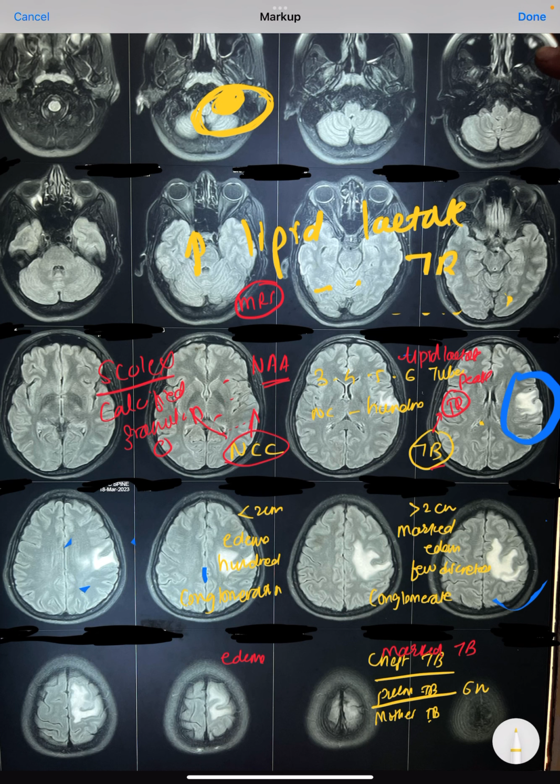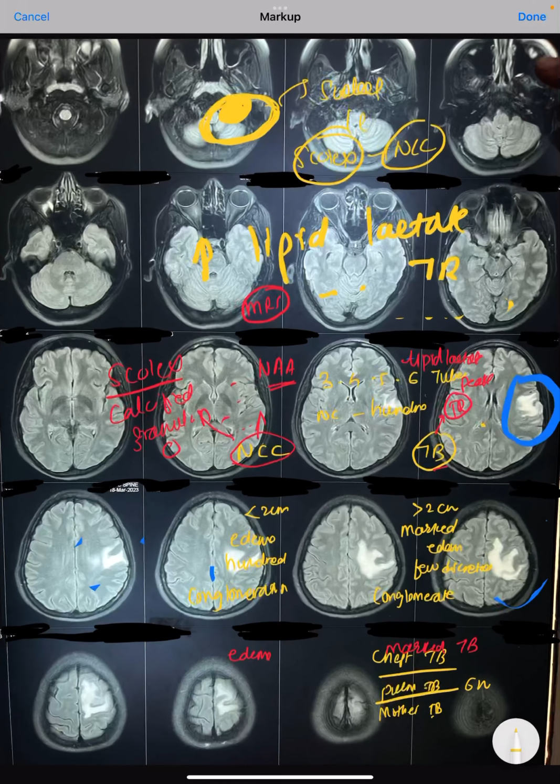So this type of eccentric scolex with a ring structure is what we call a scolex lesion. This scolex lesion is very, very typical of NCC, which is not seen with tuberculoma. So this was a very interesting MRI showing tuberculoma with two discrete lesions with significant mass effect presenting as convulsion. Thank you.